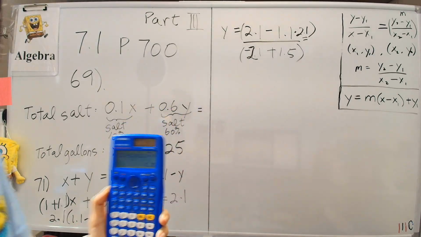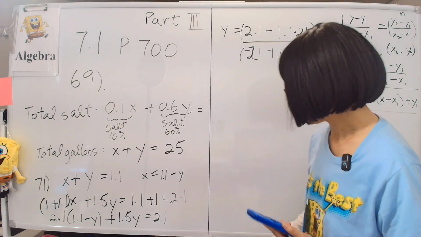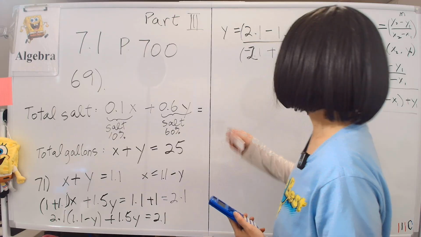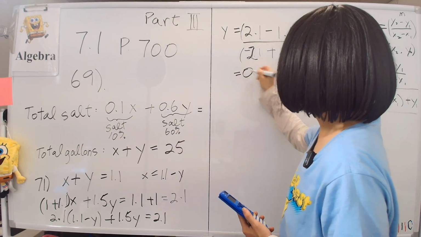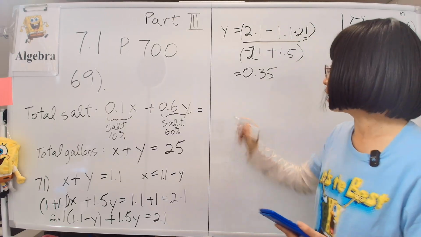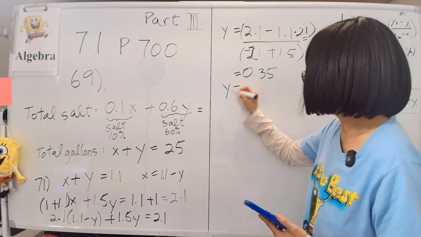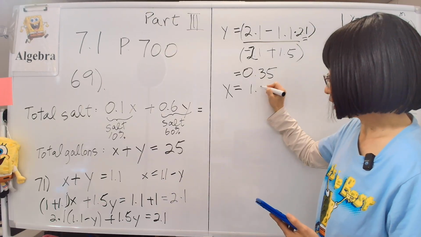Okay, let me check. Well, it is correct, okay? I finally got the right answer. That is always good. y equals 0.35, $0.35 million, okay? We're talking about millions here. And so therefore, x equals 1.1 minus y, okay?